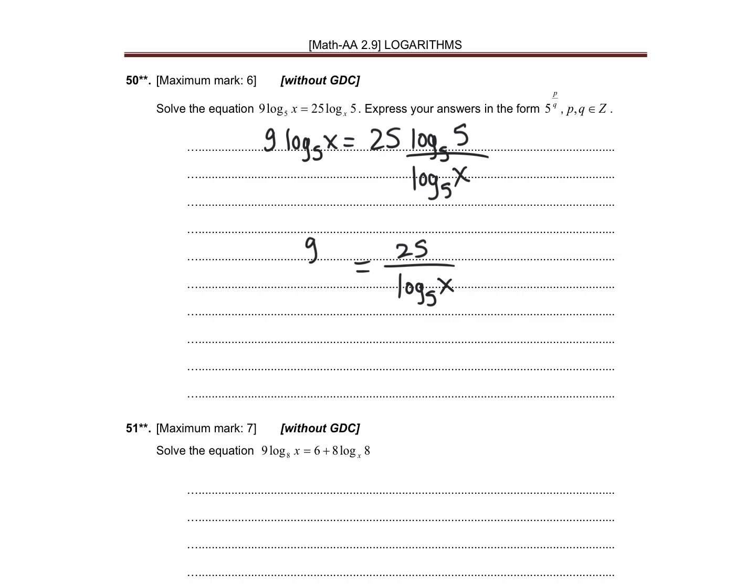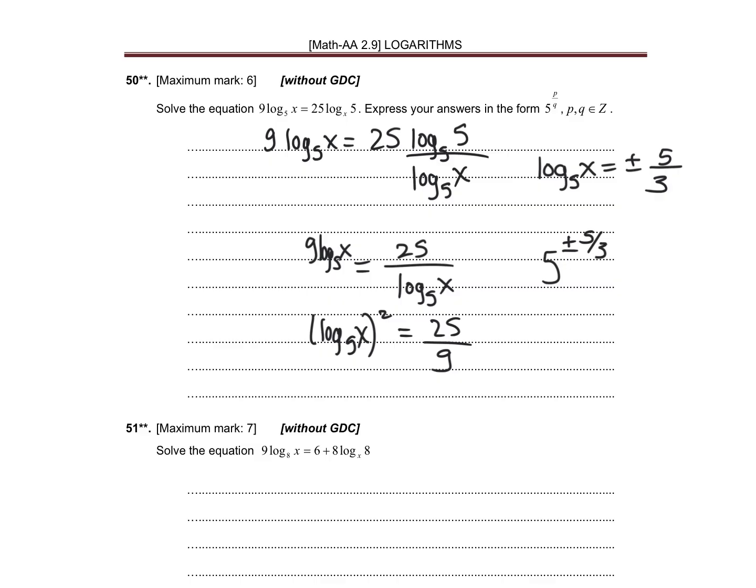And this is 9 log base 5 of x. So I'm going to cross multiply and divide by 9. So that's that, and that's 25 over 9. When we take the square root, you have plus or minus 5 over 3. And then we're going to have 5 to the plus or minus 5 over 3 equals x.